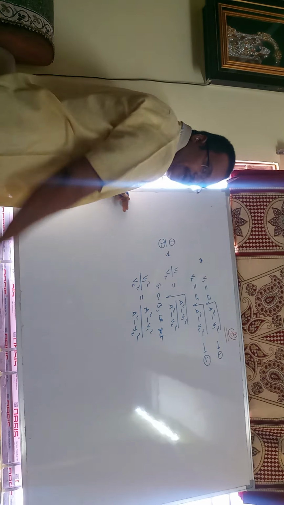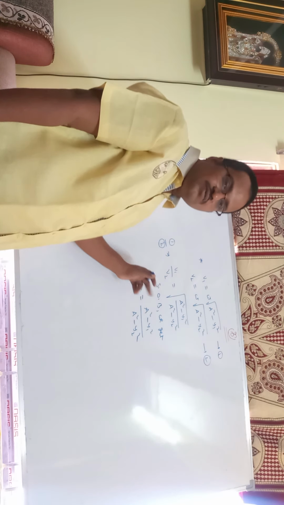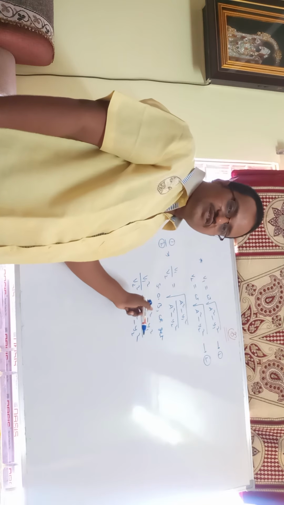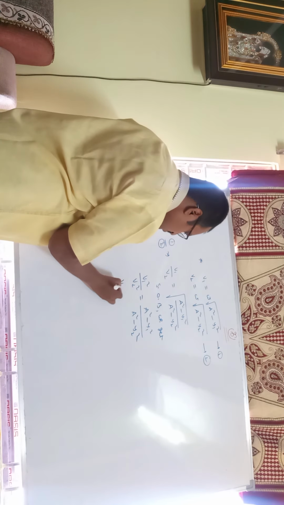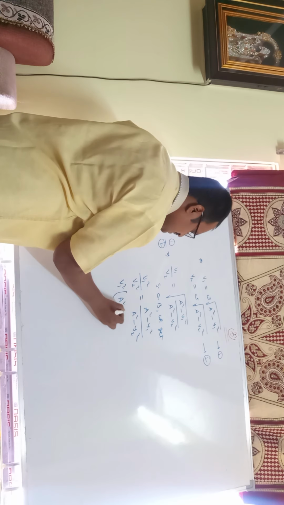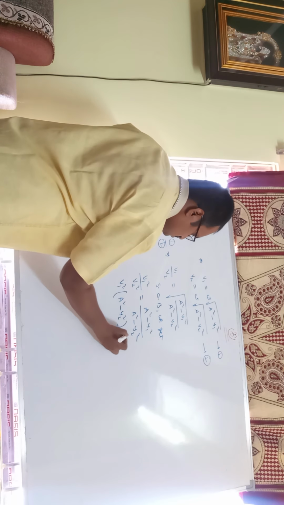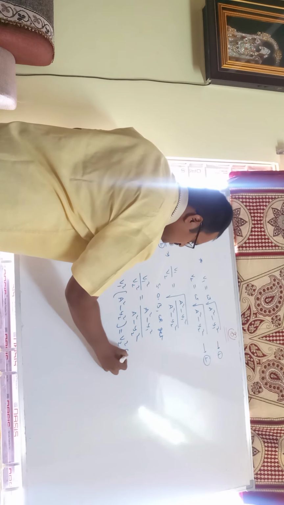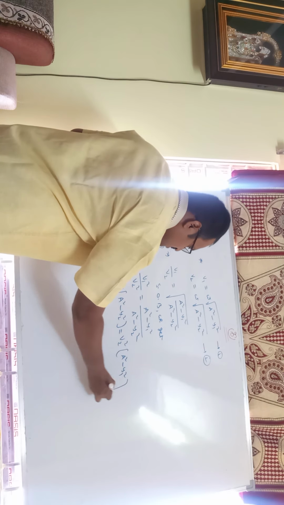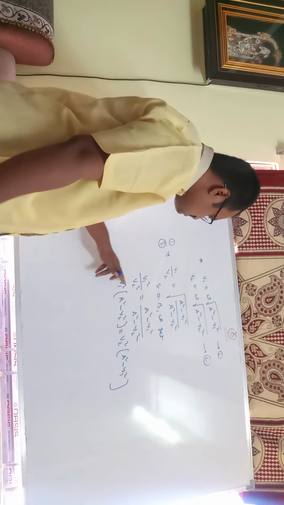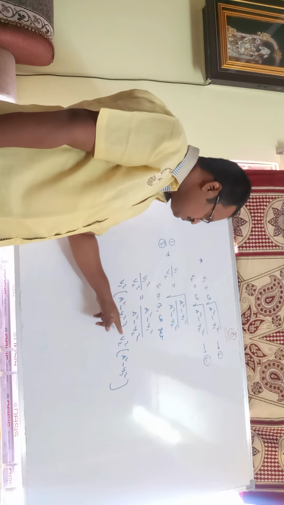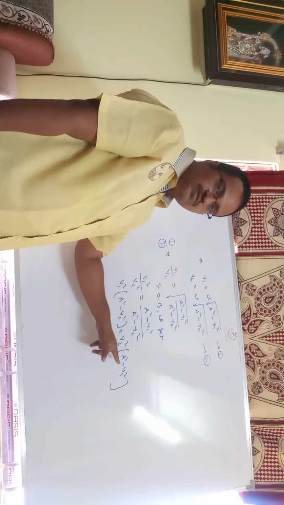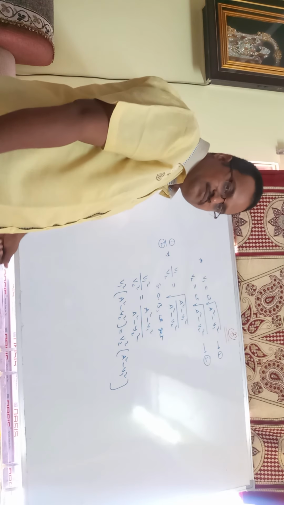Now take cross multiplication, we get v1 square into a square minus y2 square equal to v2 square into a square minus y1 square.